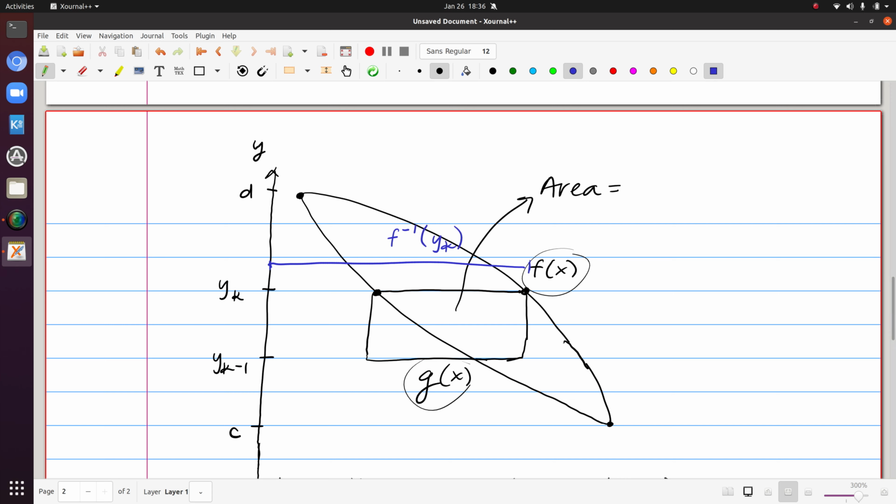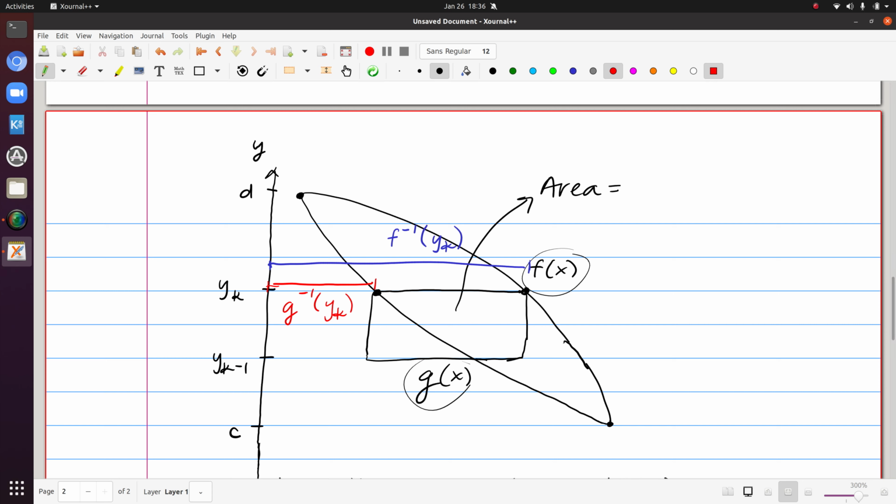We want to know the x value that's coming in there. And to get this distance, likewise, we can find g inverse of y sub k.